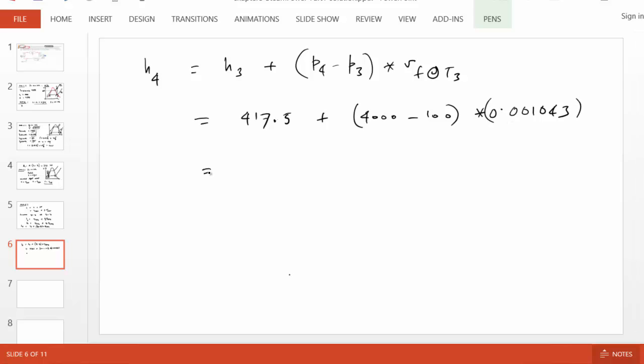And when you calculate that, the contribution from this is really small, as you can see, not much, and H4 turns out to be 421.5.